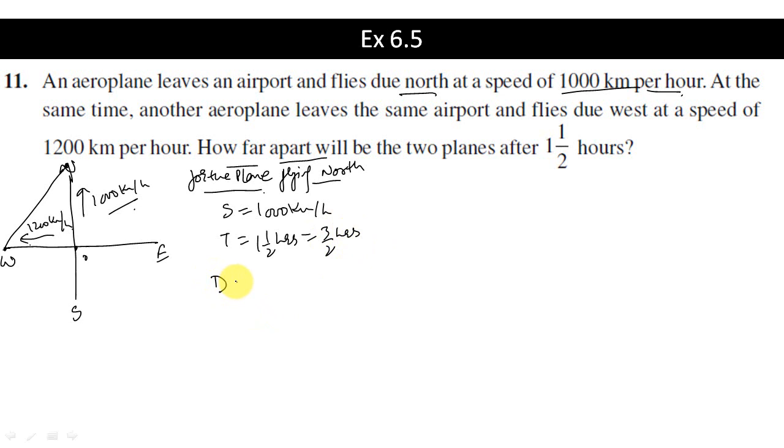So the distance covered by this plane, distance is speed into time. Therefore, this distance will be 1000 multiplied by 3/2. 2 and 1000, this will get cancelled out. So this will be 1500 kilometer. So that means the plane which is flying due north would have covered 1500 kilometers.